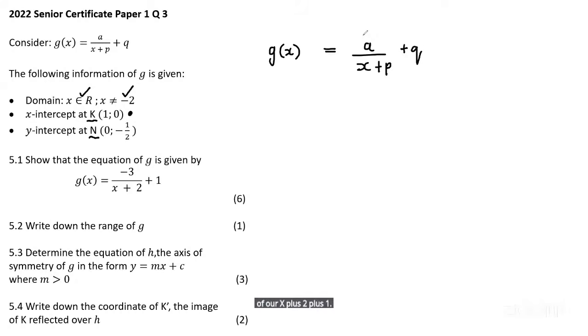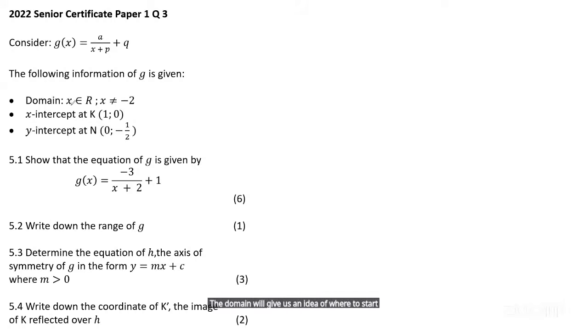That's what I'm looking at. Okay, sharp. Hear me out. The hyperbola. The domain will give us an idea of where to start. Whatever happens, the value of x is an element of real numbers, but x can never be equal to negative 2.